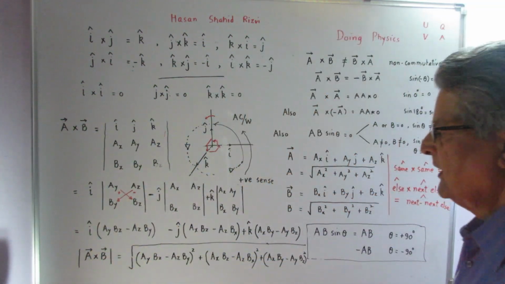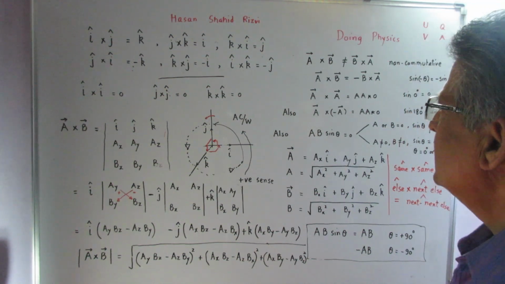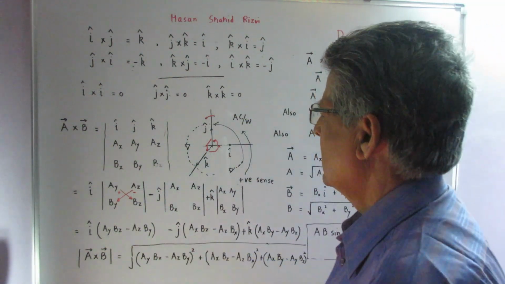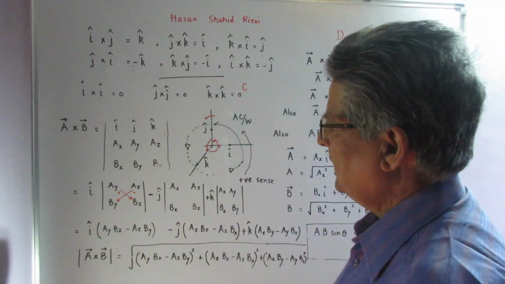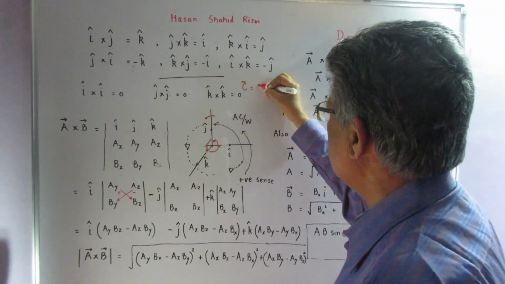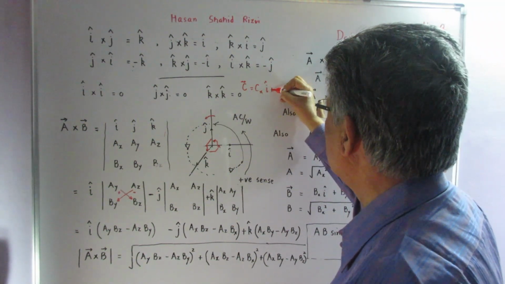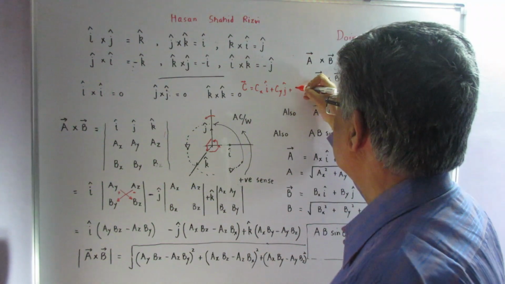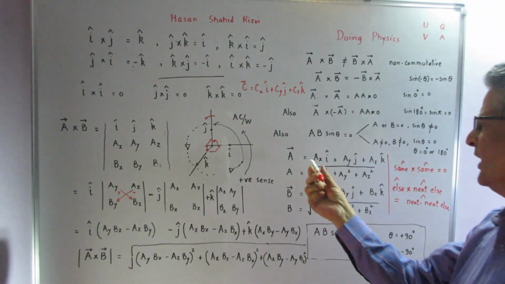So this is the value of A cross B, and if you allow me to write it as vector C, then this vector C becomes equal to Cx i cap plus Cy, the y component, into j cap plus the z component of C into k cap, like things we have done here.